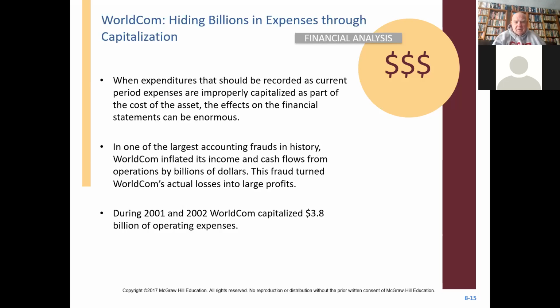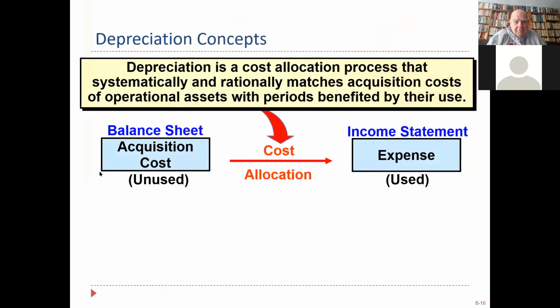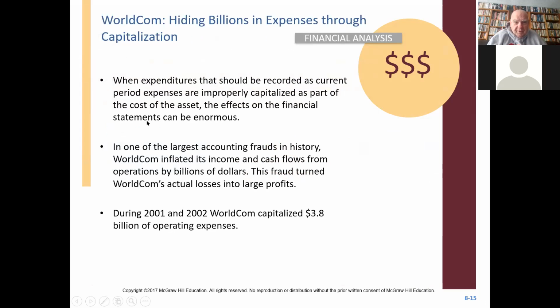And let's have a little bit of fun with another accounting fraud. WorldCom, back in, I don't know, in the late 90s. No, here it is, 2001 and 2. What this company did, they were kind of a startup, and they committed a fraud where when expenditures that should be recorded as expenses are improperly capitalized, the effects on the statements are enormous.